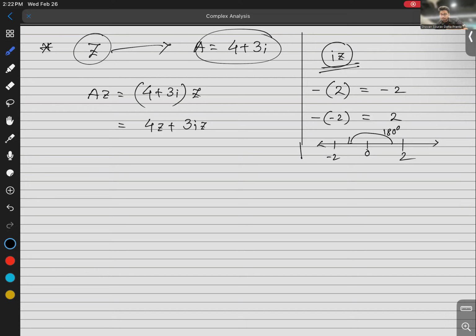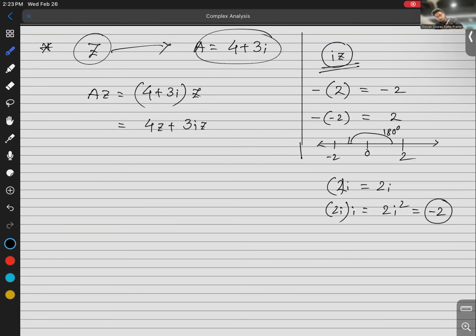And what will happen if we consider multiplication by i? Let's say 2 is a number. We multiply it with i, and then we get 2i. Then again multiplication by i gives 2i squared, and 2i squared is basically -2. That means after multiplying by i two times, we get a 180-degree rotation.